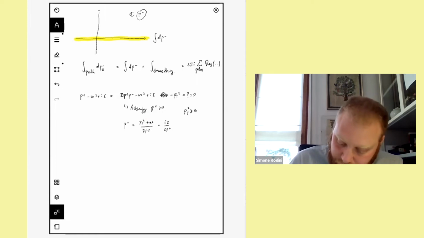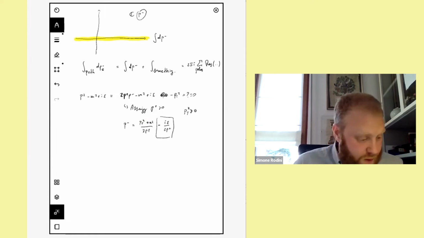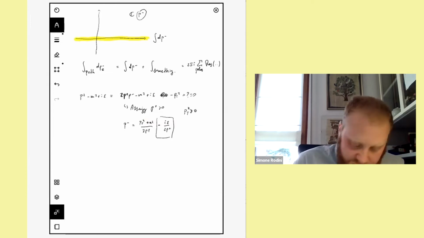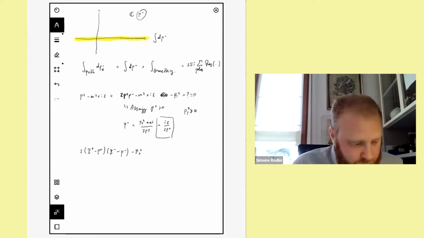This is really important. And then for the other piece, you get (2p plus minus small p plus)(capital P minus minus small p minus) minus mx squared minus small pt squared, again Euclidean, plus i epsilon equal to 0.